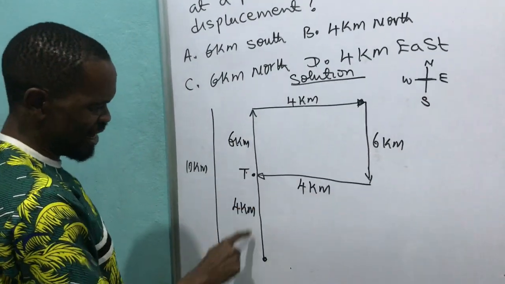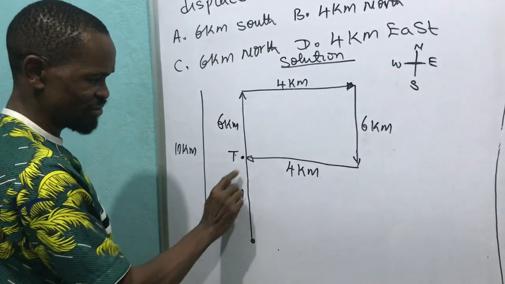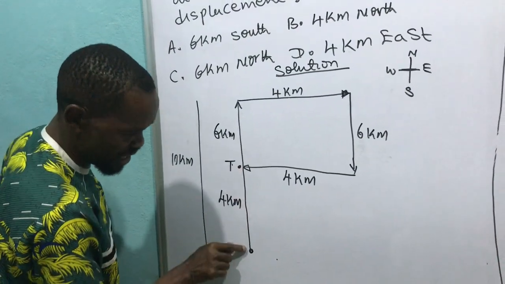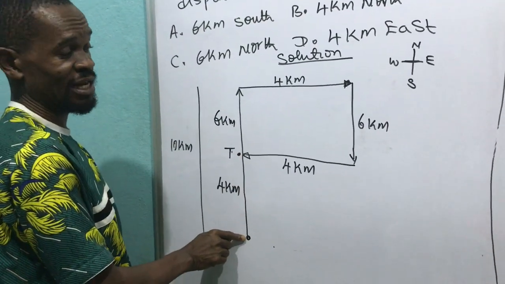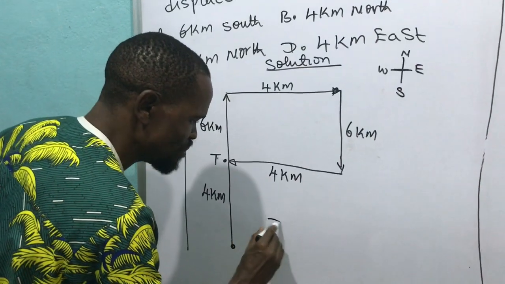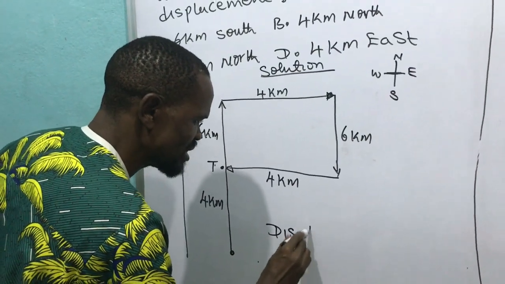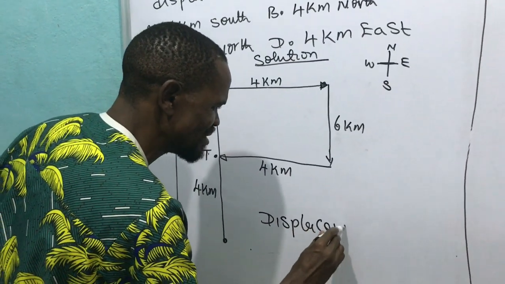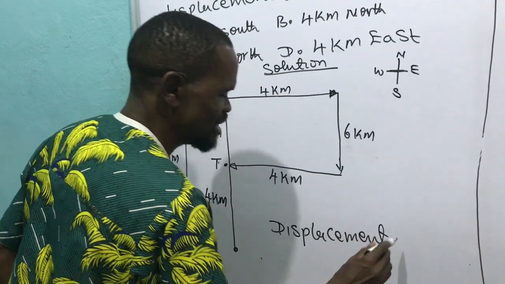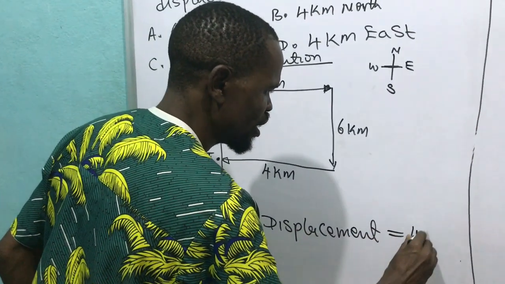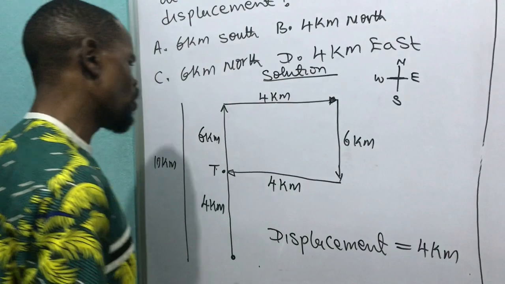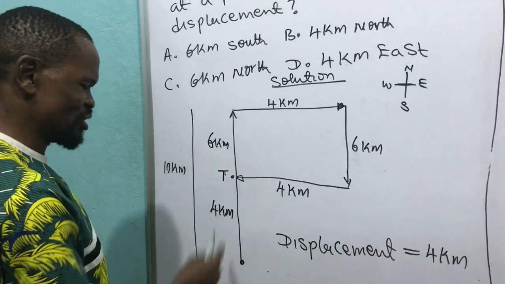And what remains as my displacement is 4 kilometers, from here to here. So after this movement, what will remain? Displacement is 4 kilometers. In what direction is it moving?